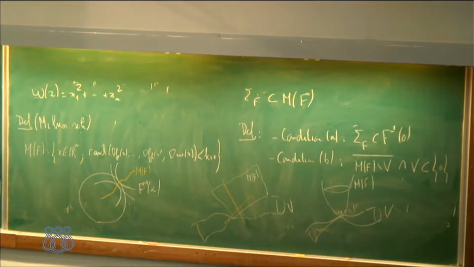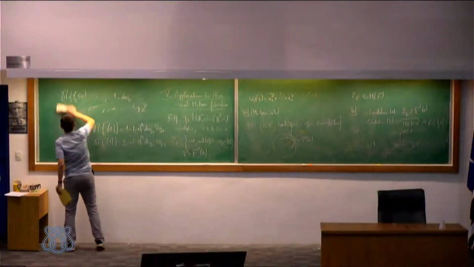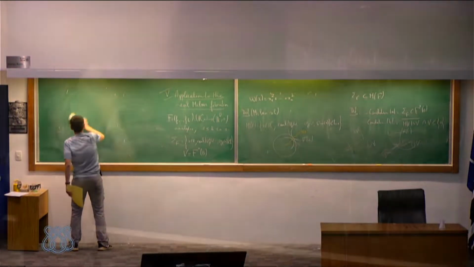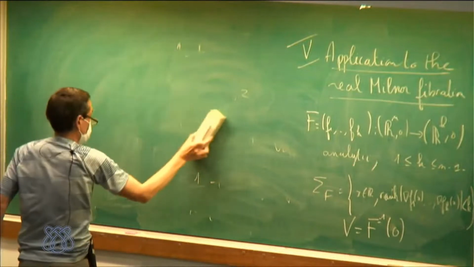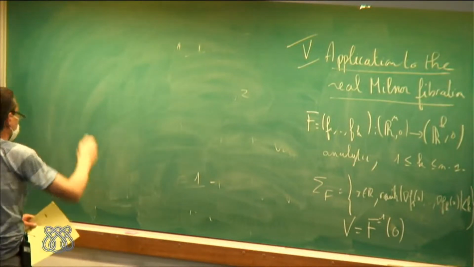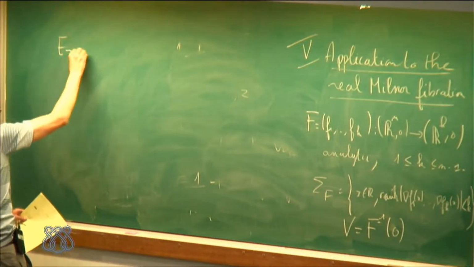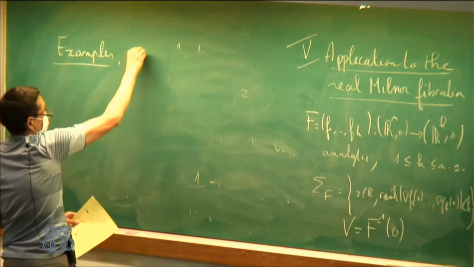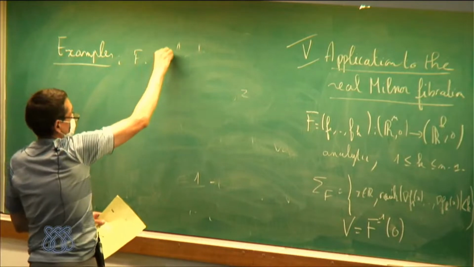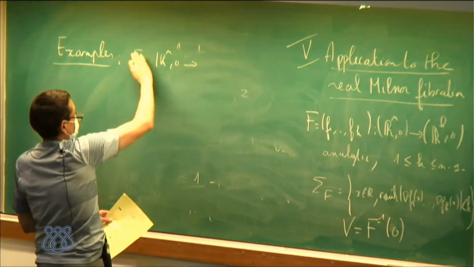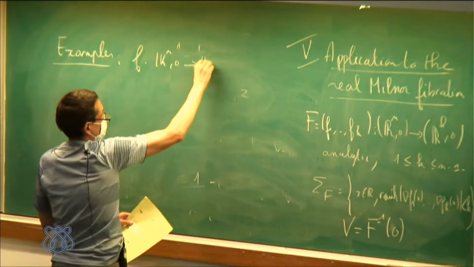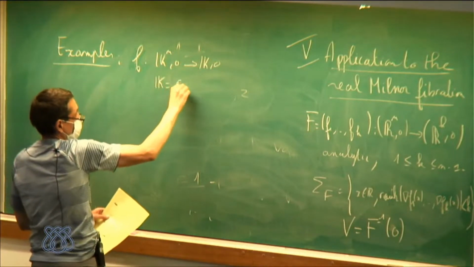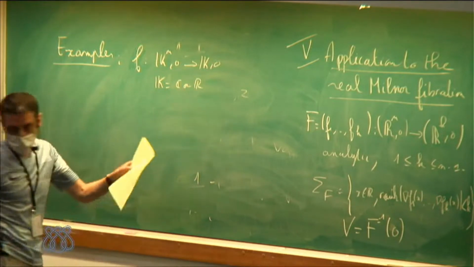Quickly, some examples where these two conditions are satisfied. If you have just a function f from K^n, where K can be C or R, then these two conditions are satisfied.